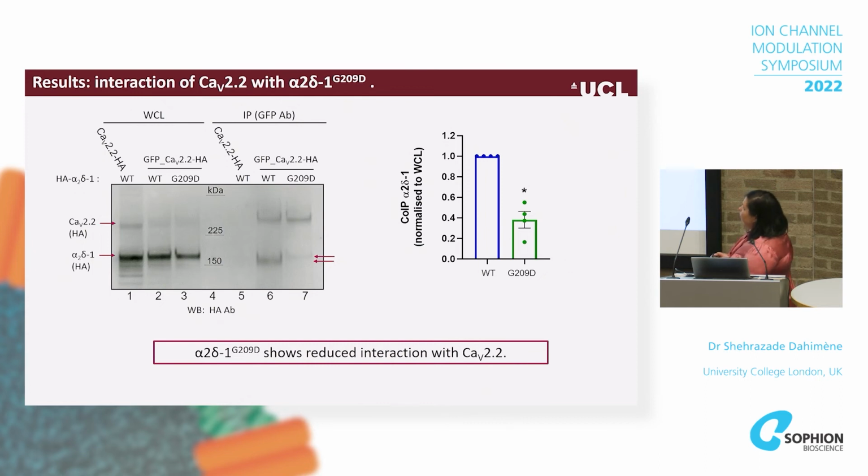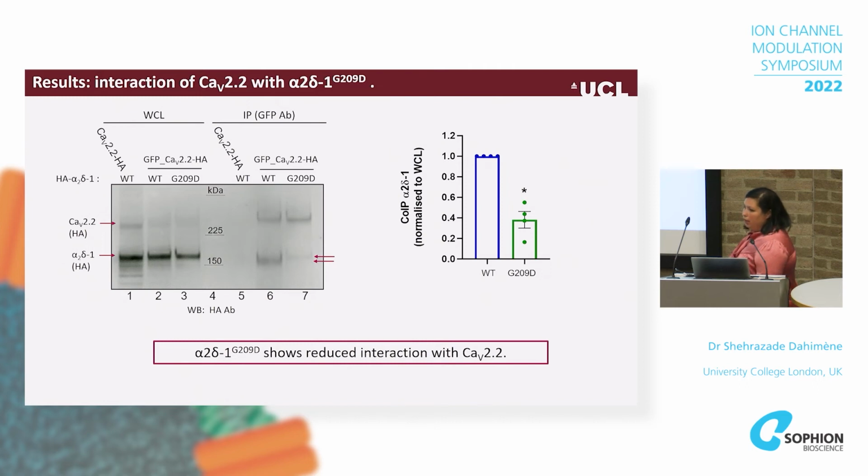In the case of the mutant, we can detect a nice immunoprecipitation of CAV2.2. However, the co-IP was very weak. We could detect a band, but it was much weaker. And interestingly, it looks like it was at a higher molecular weight compared to the wild type.